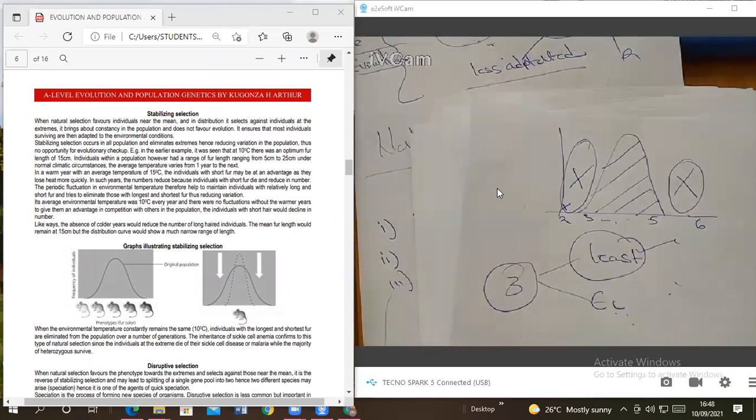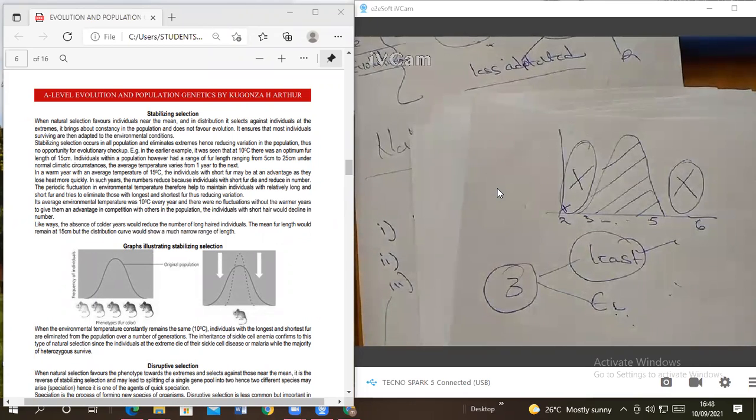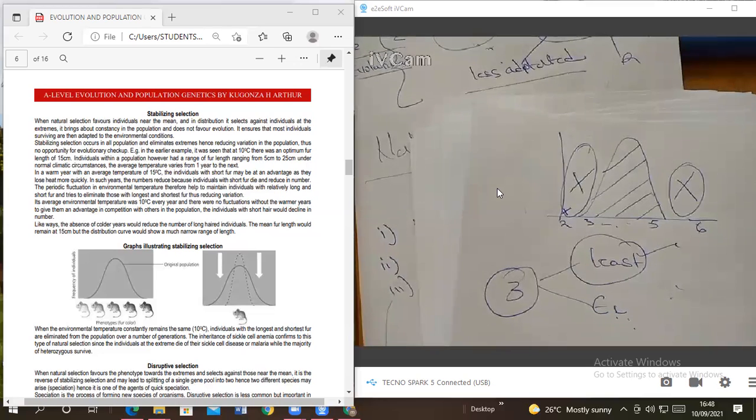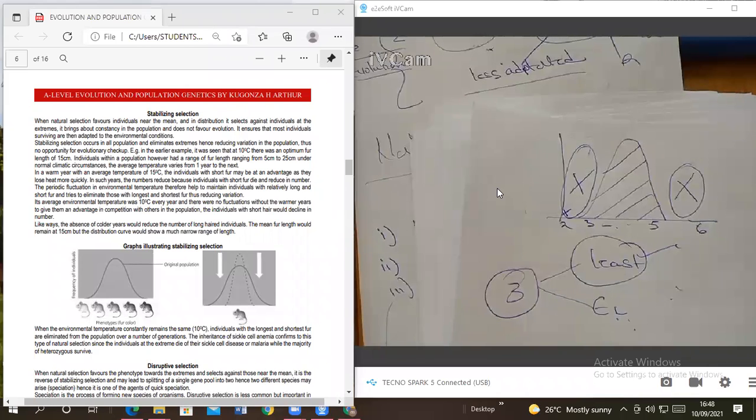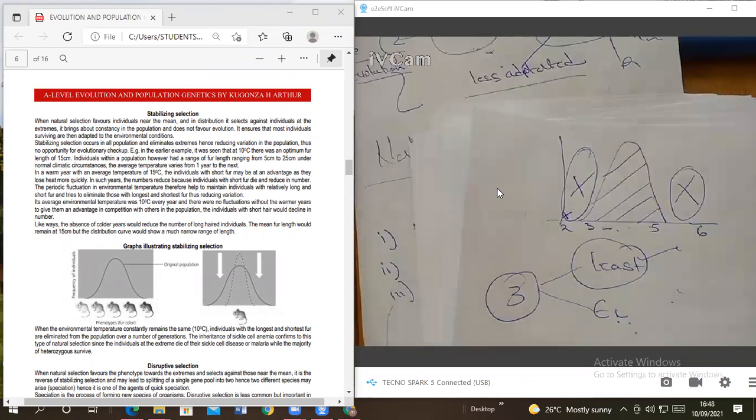They always ask: which type of natural selection has the least effect on evolution? Stabilizing natural selection. Why? Because this one is due to the environmental conditions remaining constant, which favors the intermediates. Therefore, no rise of new characteristics within the population.